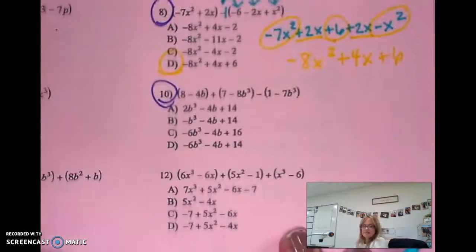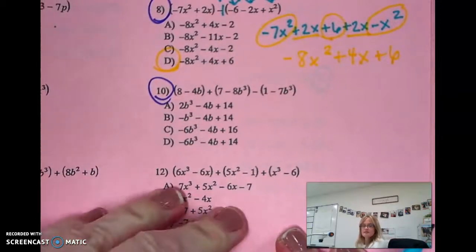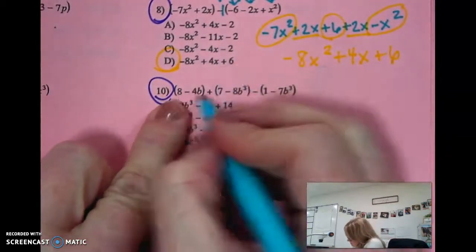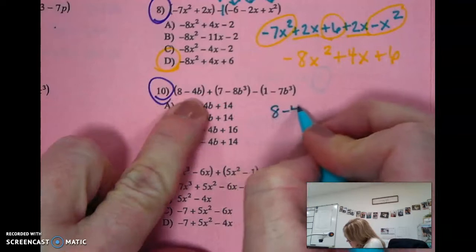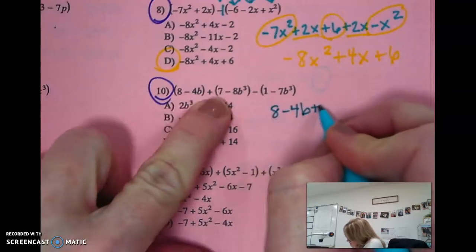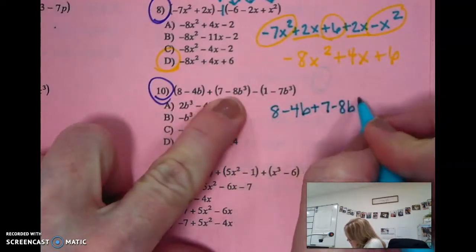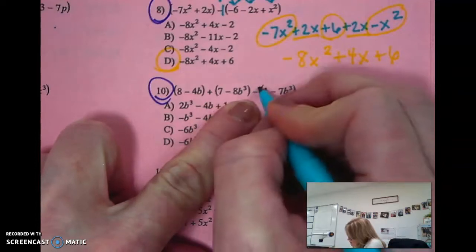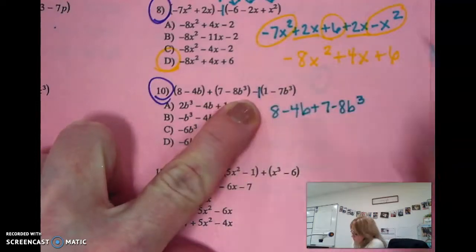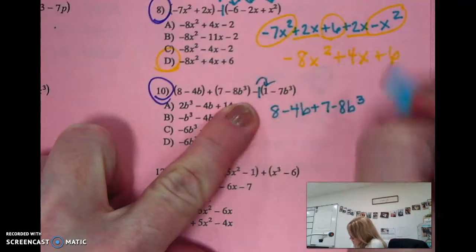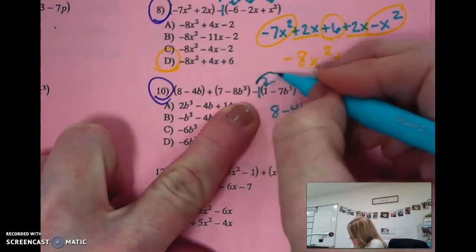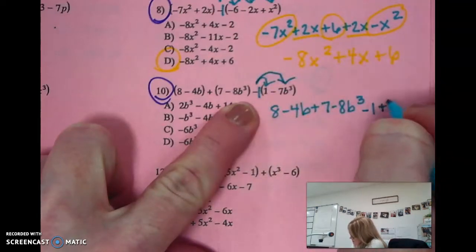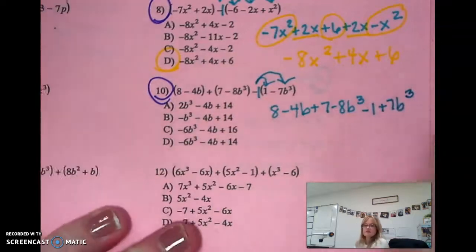Number 10, we have some adding and some subtracting. So this stays the same. This stays the same. And now that it's going to be subtraction, now we distribute the negative 1. So negative 1 times 1 is negative 1. And negative times a negative is a positive 7b to the third.